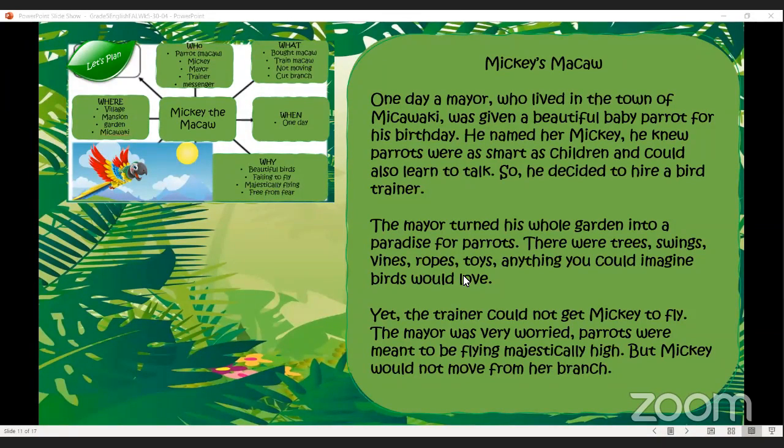The mayor was very worried. Parrots were meant to fly. I read that a bit wrong, didn't I? Parrots were meant to be flying majestically high. Do you see the rhyming there? Did you see? Yeah. Okay, but Mickey would not move from her branch.